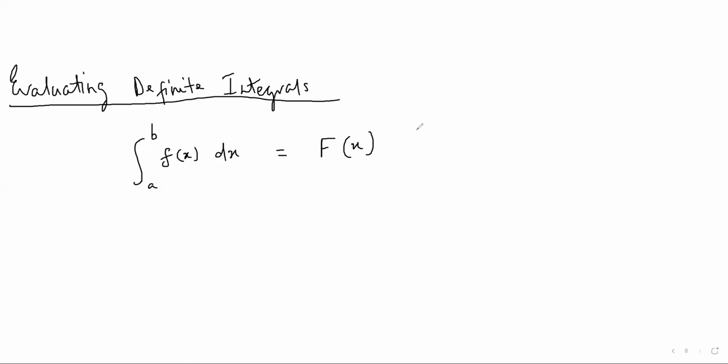So the definite integral of the function f of x with respect to x from a to b is equal to big F of x evaluated from a to b. This line denotes evaluating, evaluated from a to b. What this means is that you evaluate your big F at b, minus your big F at a.